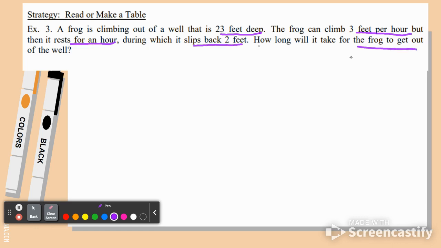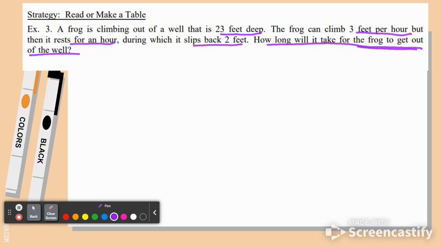How long will it take for the frog to get out of the well? If you notice, I'm annotating as I'm reading. I really love to tell students to do that because they forget, especially nowadays with so much being online. If there is a platform they can use to annotate, to dig into their reading, then that is better, I think.